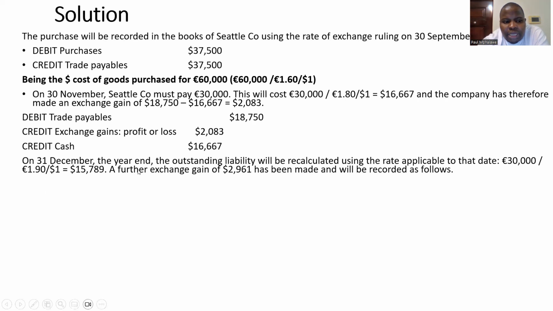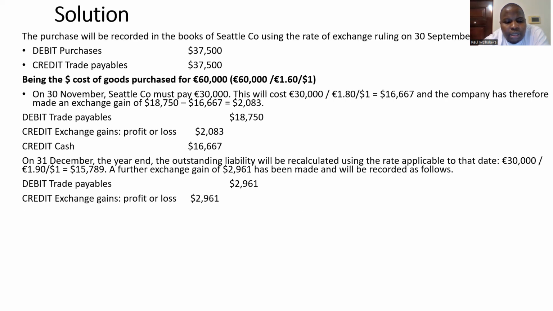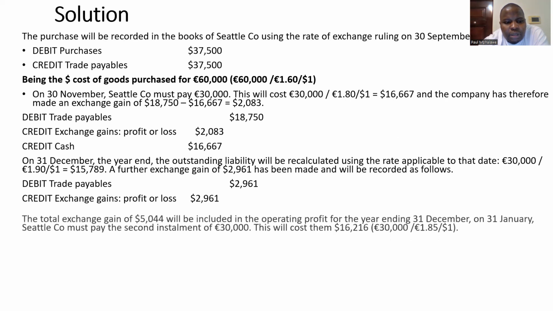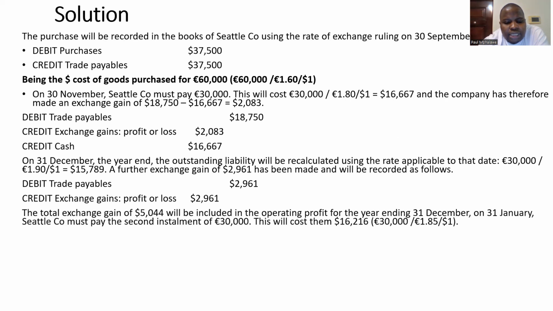So the accounting transaction is: we debit trade payables 2,961 and credit exchange gain 2,961. The total exchange gain is now 5,044, that is 2,083 plus 2,961.